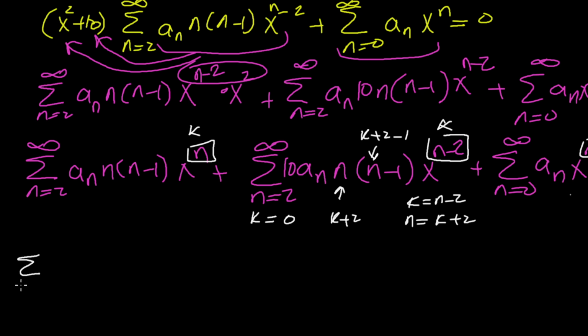So here, sum from k equals 2 to infinity of a sub k times k minus 1 times x power k.